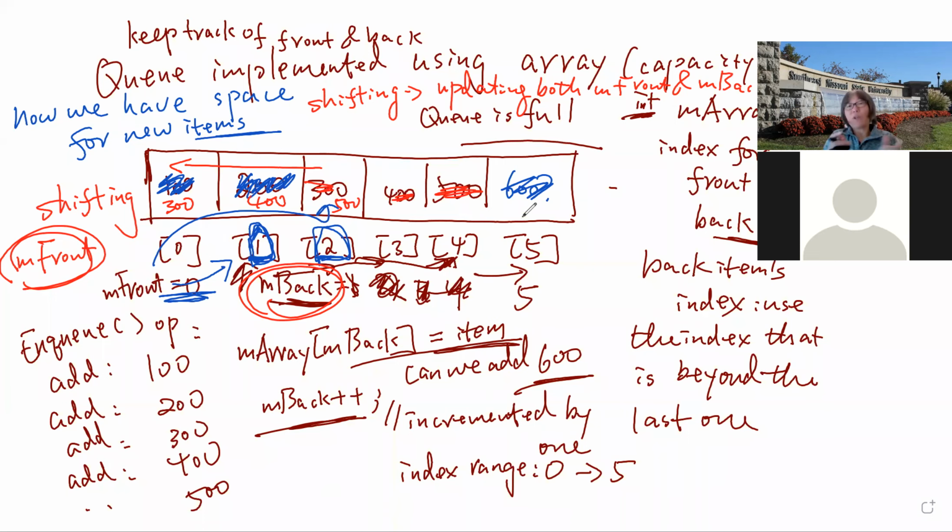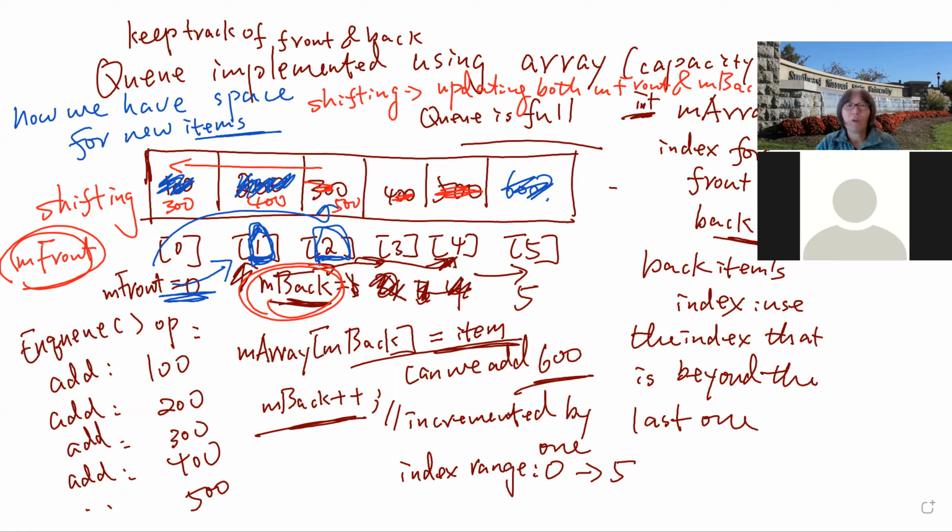For this simple case of single digits or hundreds of array items, it won't be a huge work. But think if you have millions, and each time you add a new item or remove one, you keep shifting. It's a lot of work, not efficient. So this concept works, but it's not efficient.